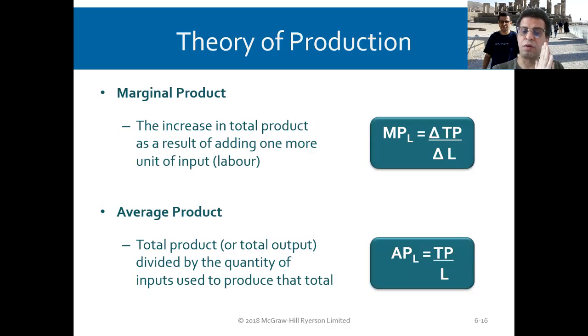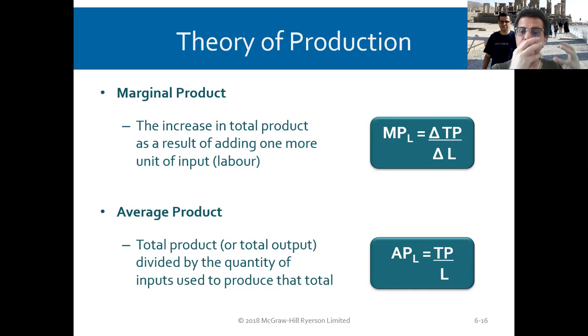So in the theory of production, there is what you call the marginal product, the increase of the total product as a result of adding one more unit, like one more labor, for example. When you add one more labor, you notice that if you are moving stuff around and you add one more person, things will move faster.